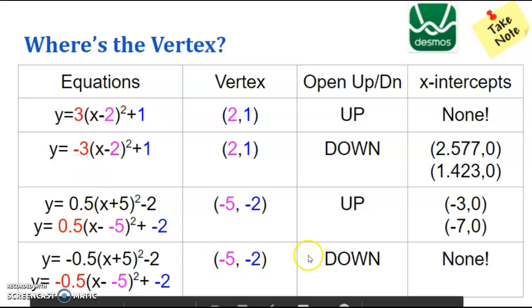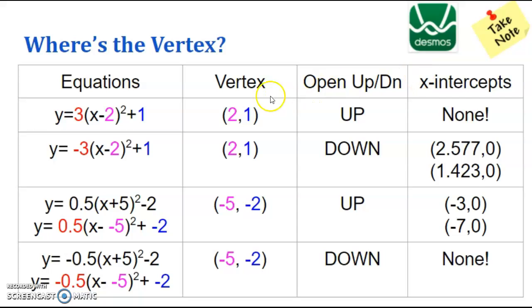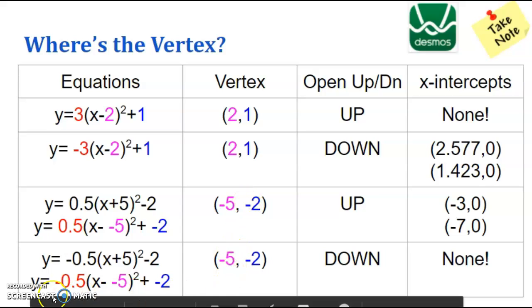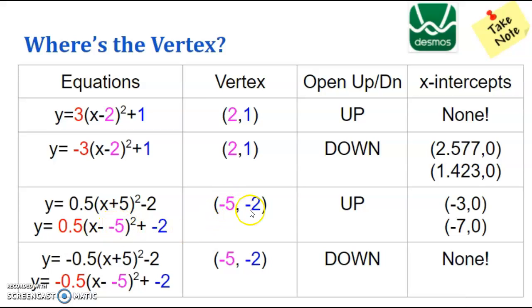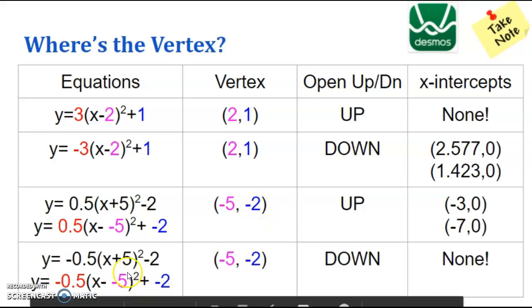So here is what you should have discovered, and you should take the notes down if you have not done so already. Notice that the vertex is always going to be the h value, the number that is being subtracted. So it's going to be negative 5, negative 2 in this case.